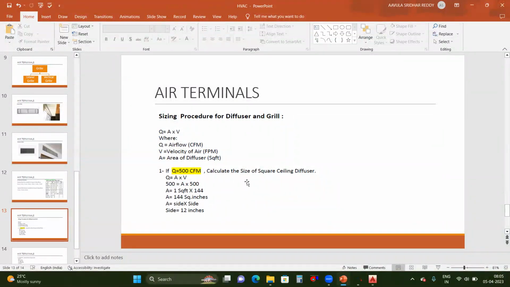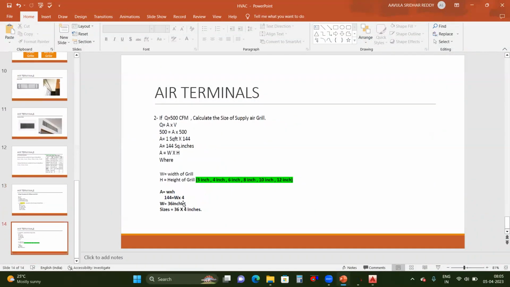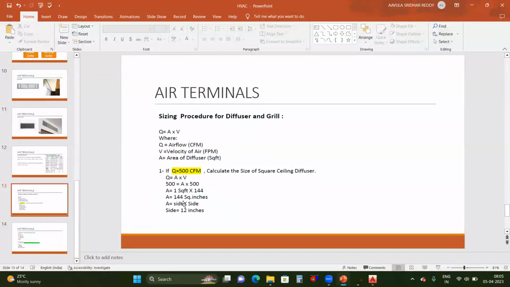So we want a square ceiling diffuser, so we require two equal sides. A equal to side by side. So the side by side is 12 by 12. It comes as 144 square inches. Okay. So this is how we will calculate the diffuser in the manual method.